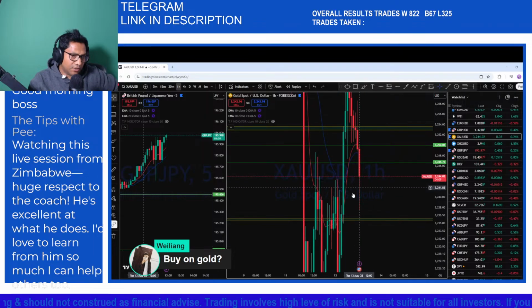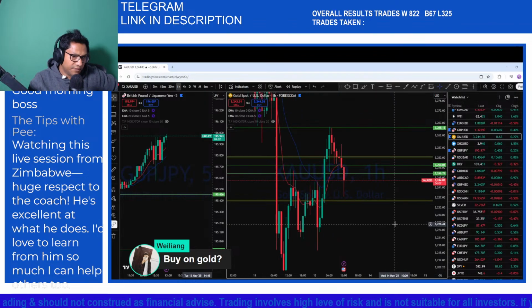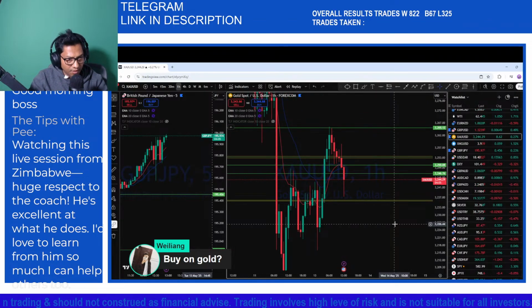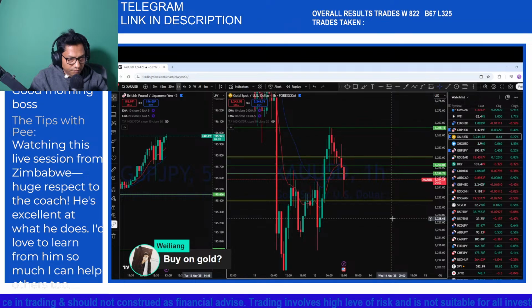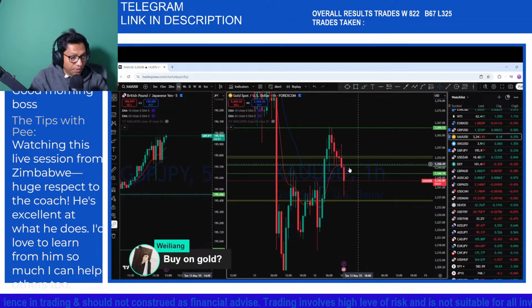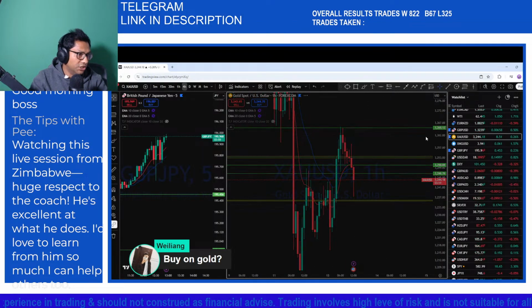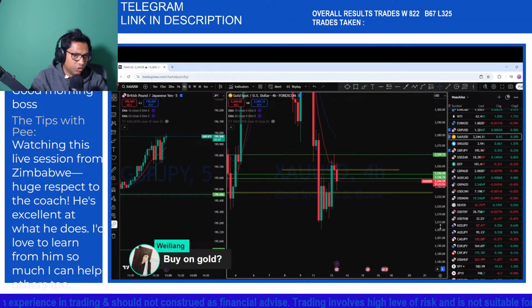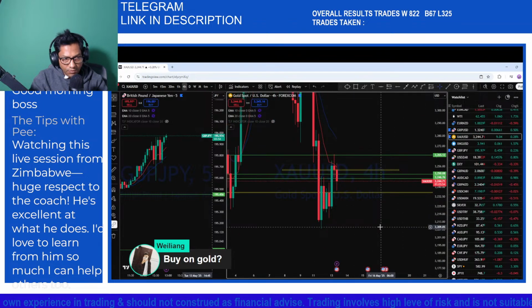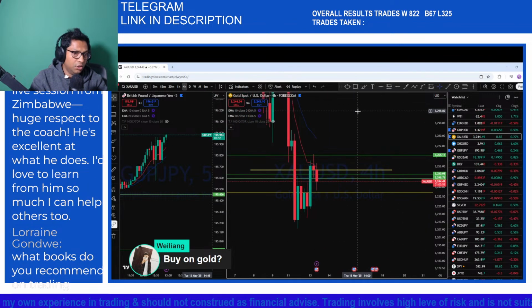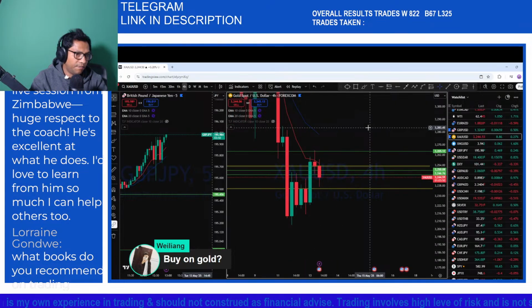How this candle closes is important, because based on that candle close, you will be able to see if the market will potentially drop again here or have another bounce.